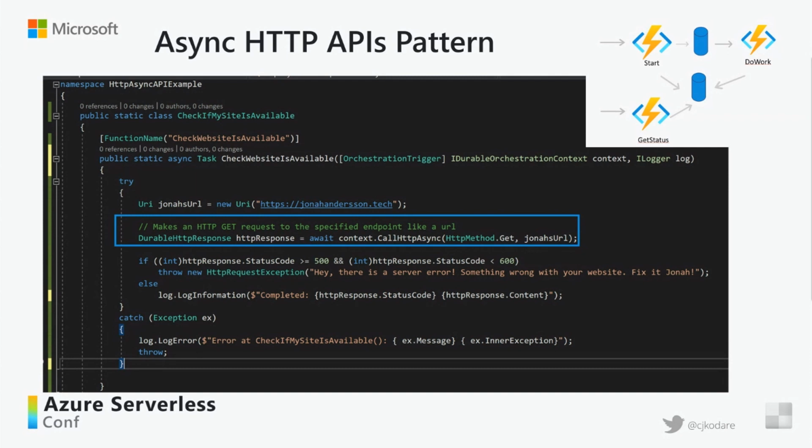I have a try catch block with an object called DurableHttpResponse, and here, marked in blue, I use an await method to call an HTTP async method, passing in the method that I need, for example, get my URL. And I have an if condition that checks if my website has a good status code, then I get the content of my HTTP response, which is a durable one, or I throw an error as a log.